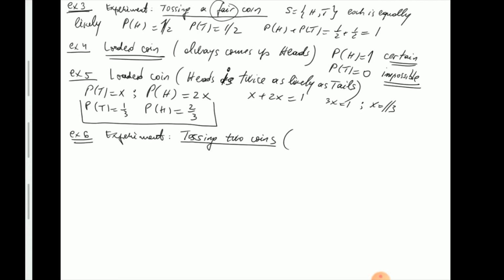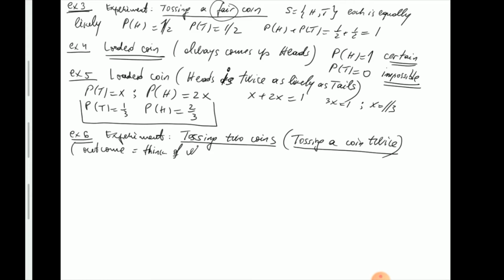Or let me actually write in parentheses here, tossing a coin twice. Basically, if I formulate the problem in such a way, I basically refer to the outcome of the two coins at the same time.